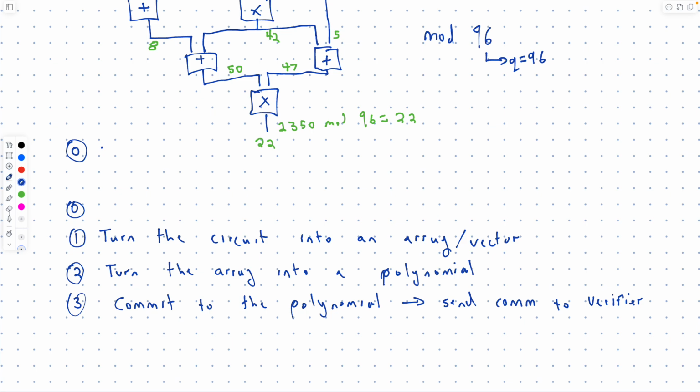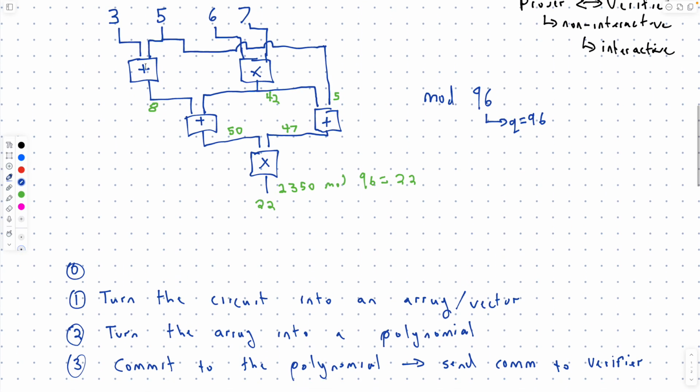Before we even get started, the verifier needs to, well, it doesn't have to strictly be the first step, but at some point we're going to assume the verifier knows what f is.